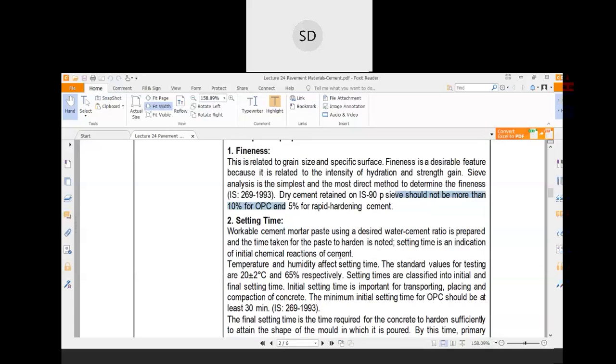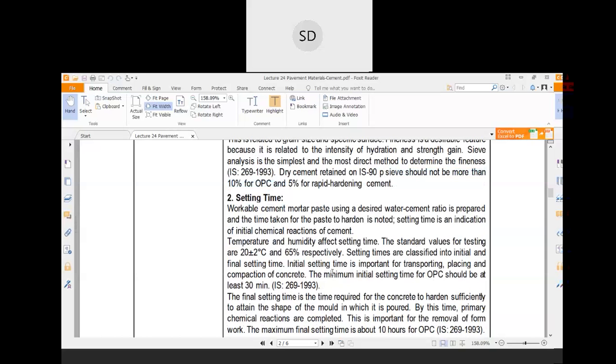Now, another important parameter is setting time. There are two types of setting time: the first one is initial setting time, and the second one is final setting time.